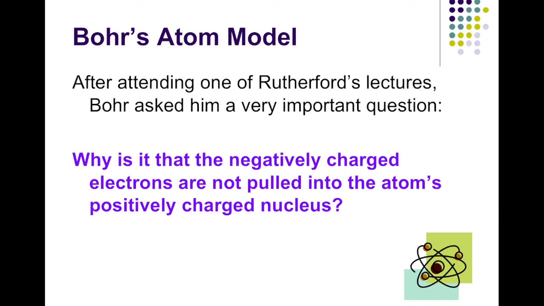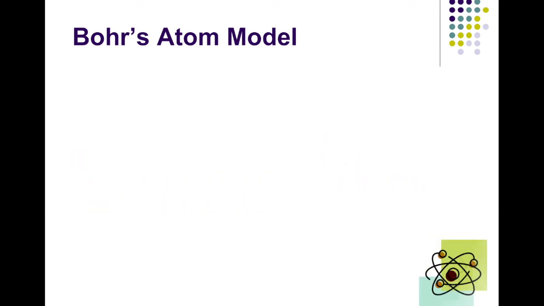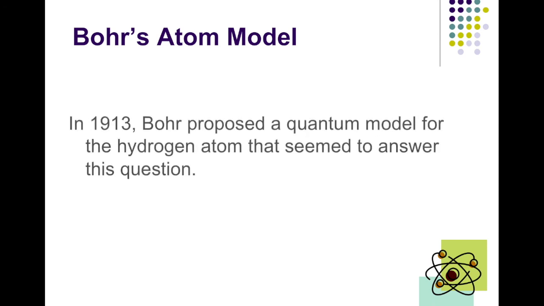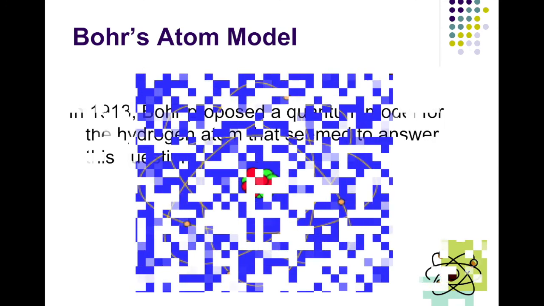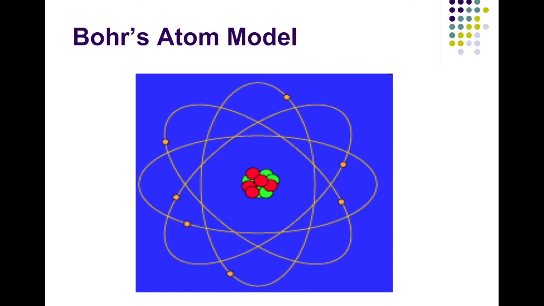However, on the next slide, the answering of this question is what you're going to need. So he answered that question by proposing a quantum model for the hydrogen atom that seemed to answer this question in 1913. And it's based off of what looks a little bit like this picture right here.